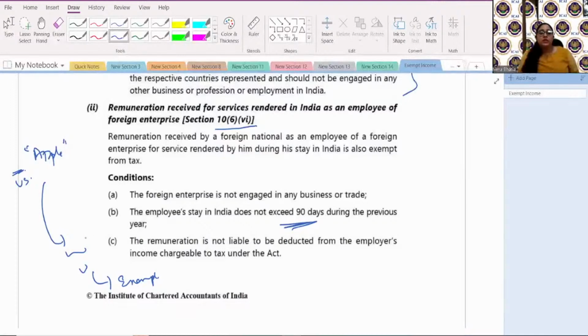And no other company is taking the benefit of those salaries as a deduction. So the remuneration is not liable to be deducted from the employer's income chargeable to tax under the Income Tax Act. Then the person's income would be exempt. The person who has come from the USA for less than 90 days just to introspect. Okay.